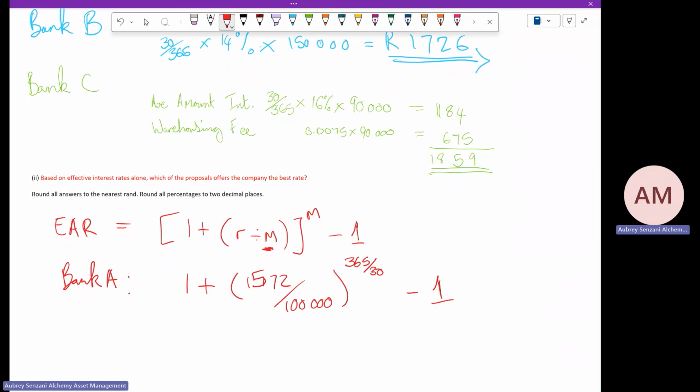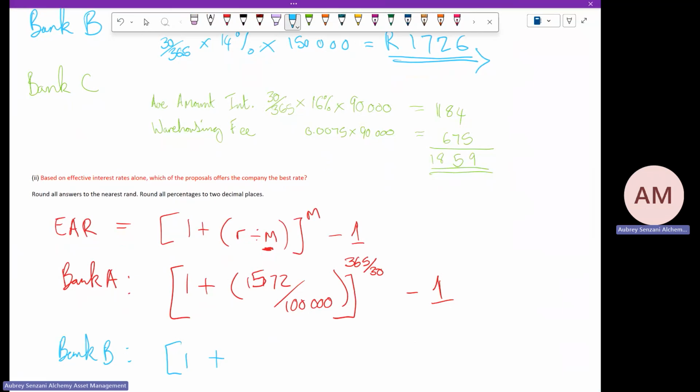Whilst you guys are working that out, we then go to bank B. And we do the exact same thing. Because remember, our period is 30 days.